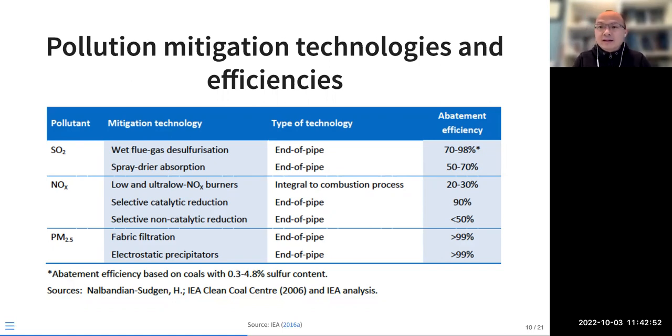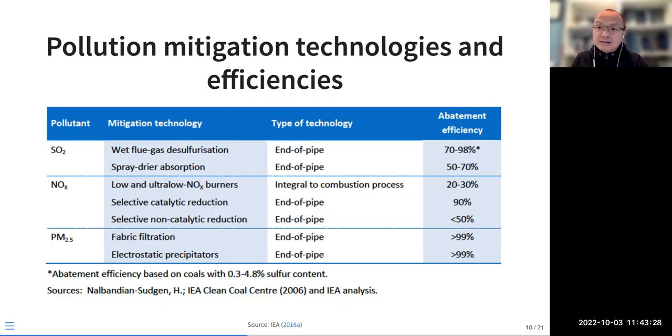That means for a power plant, you can really make a huge difference by introducing technologies that reduce the pollution. For sulfur and NOx, depending on what technology you use, it can reduce between 90%, and some are less efficient, 20%, but with mixed technologies this is still doable.